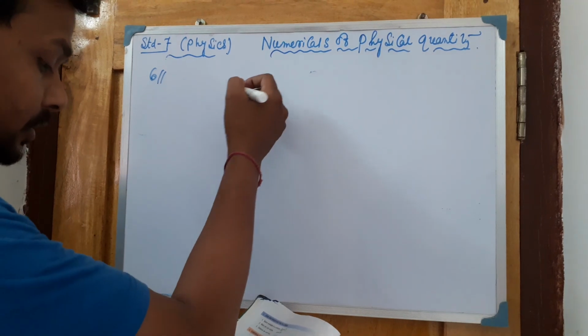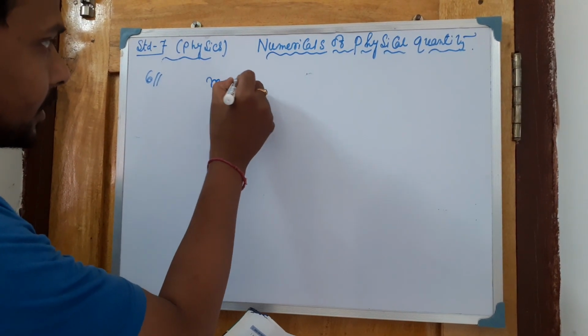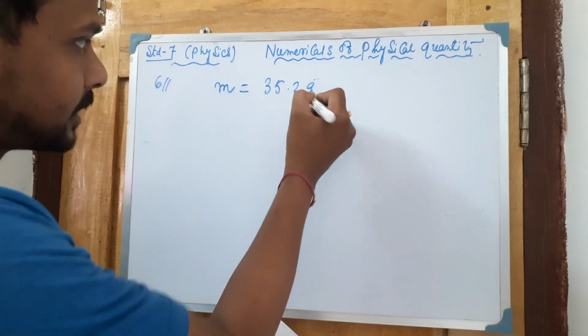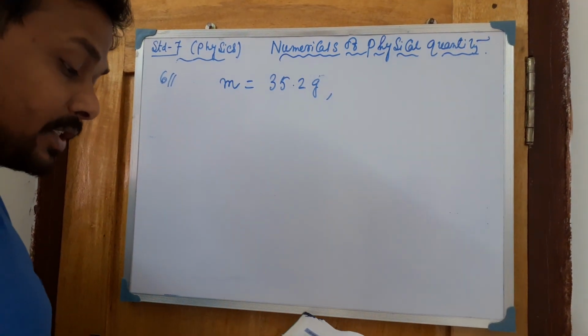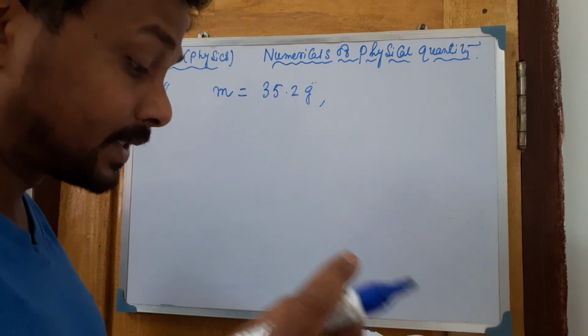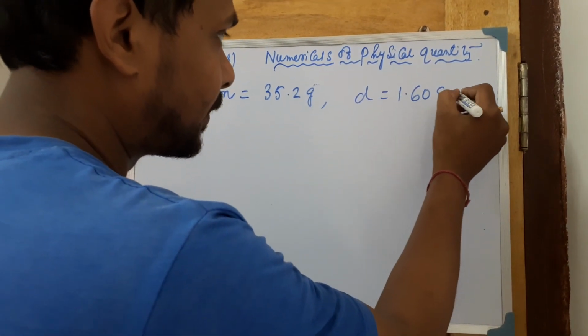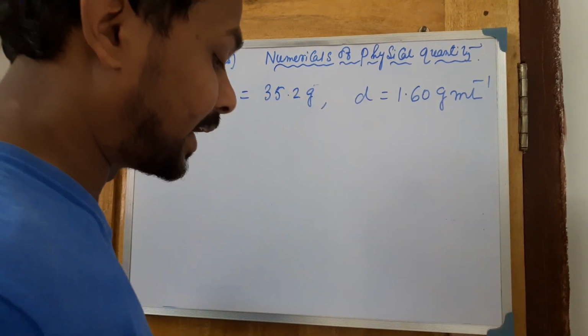So the mass is given as 35.2 gram, and the CCl4 has a density of 1.60 gram ml to the power minus 1.